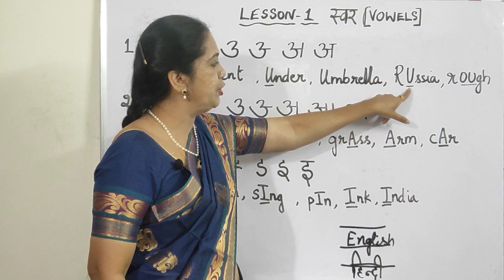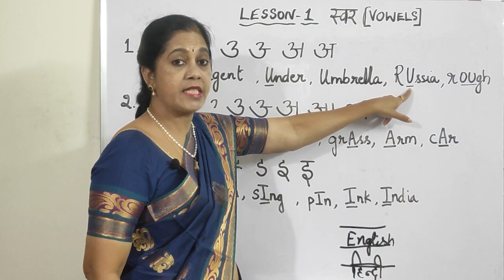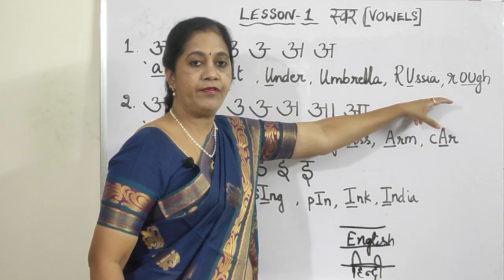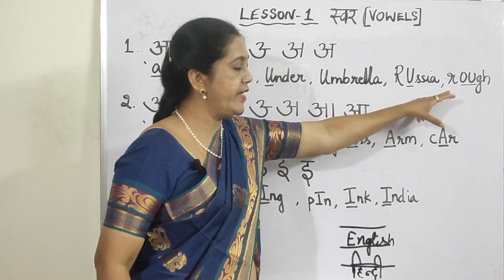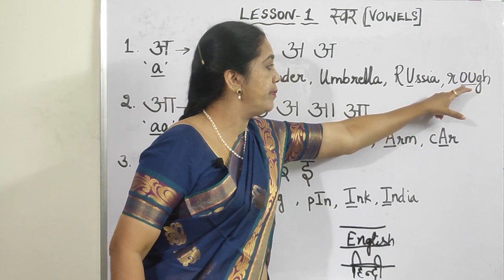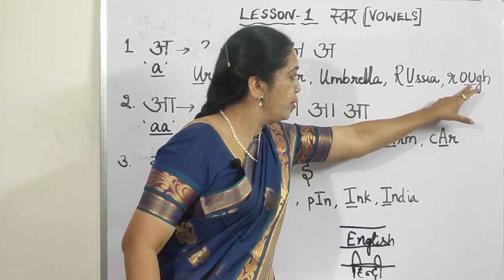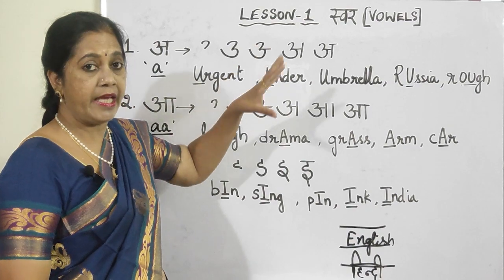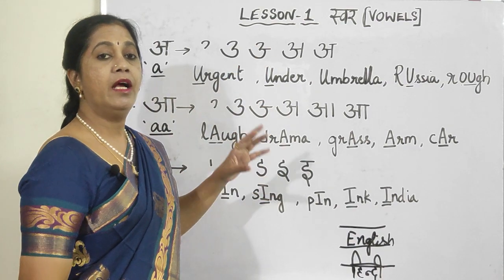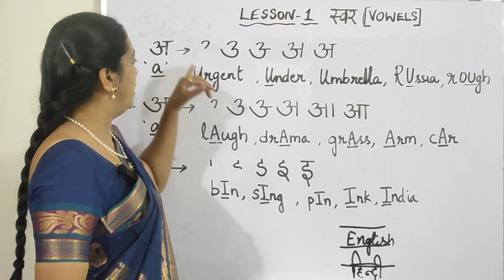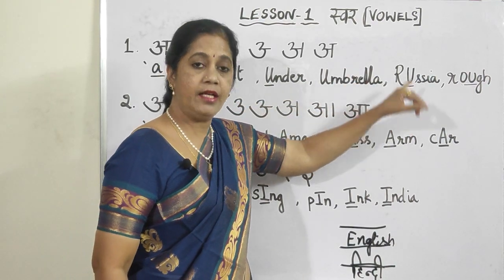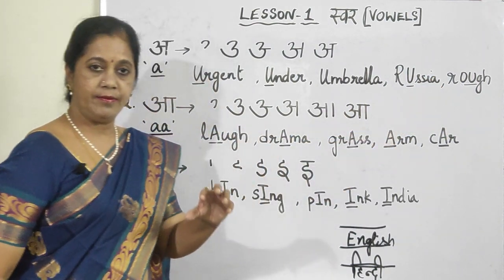The capital U I have given is the sound of this. See there, rough. I've given OU there, where U is given importance. The capital OU sounds the same: urgent, under, umbrella, Russia, rough.